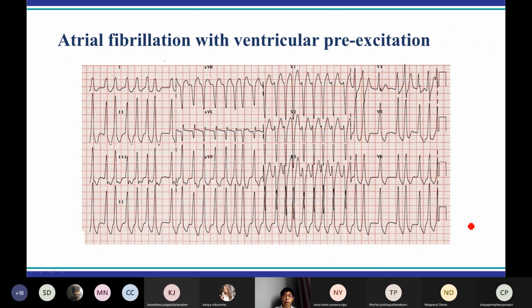This is when atrial fibrillation is occurring in the patient's atrium, and you know that the AFib rate is very fast.